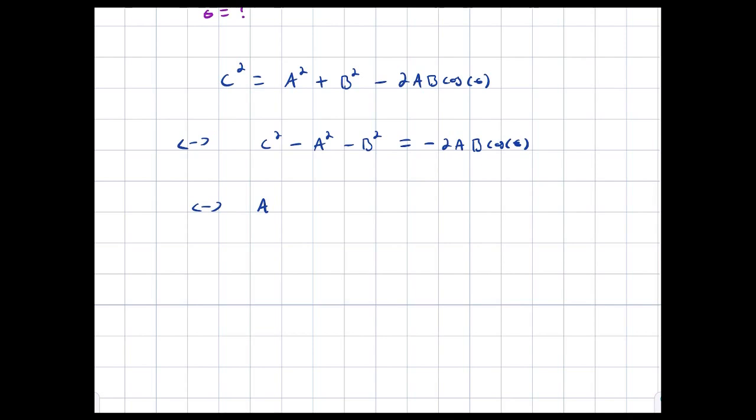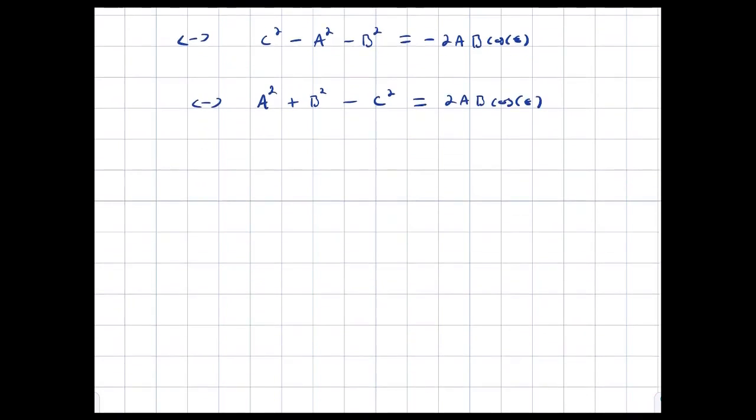So this is if and only if A squared plus B squared minus C squared is equal to 2AB cosine of theta. And this is if and only if A squared plus B squared minus C squared over 2AB is equal to cosine of theta.